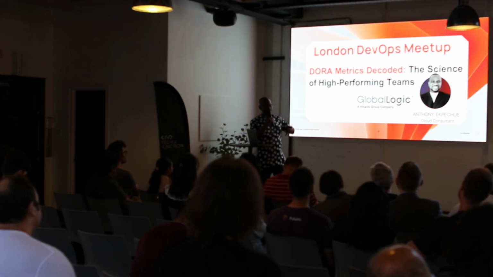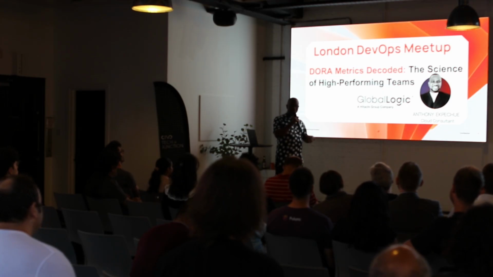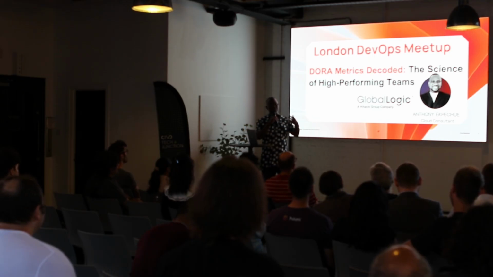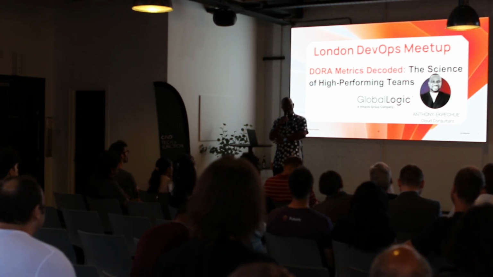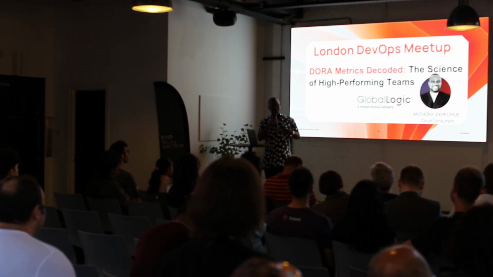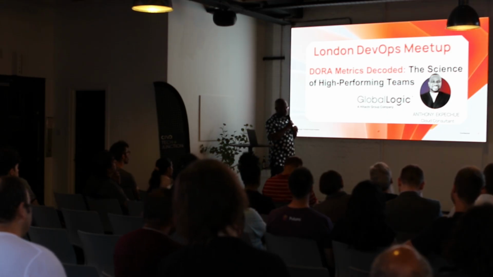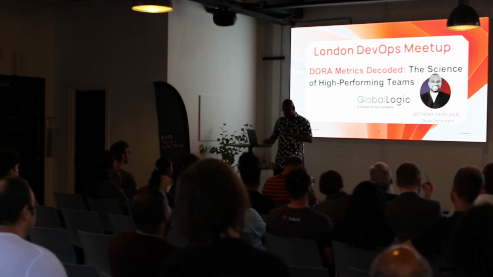So DORA gives you the ability to put metrics between all those processes, and then you can pinpoint within your SDLC cycle where there are failures, where you need improvement. So that is what DORA is in a nutshell.